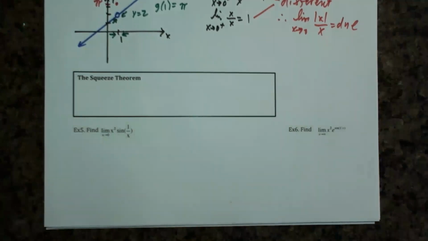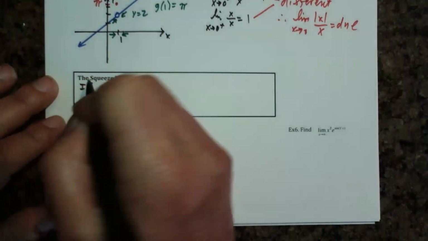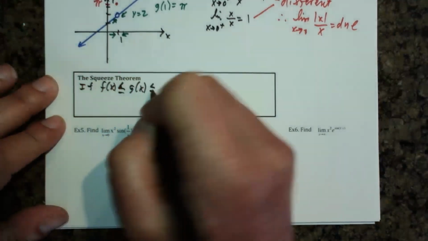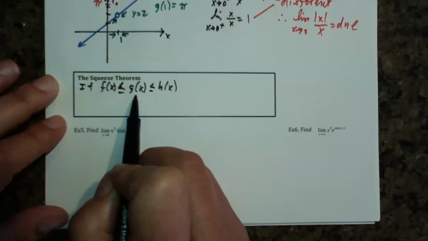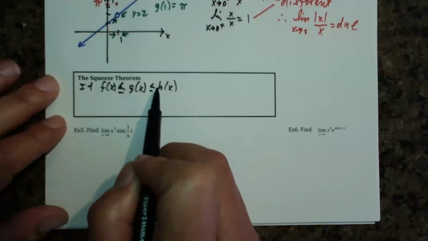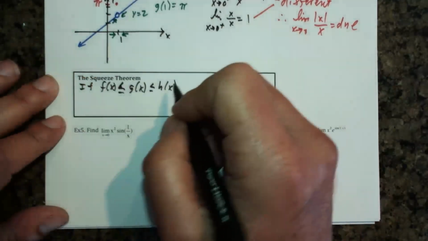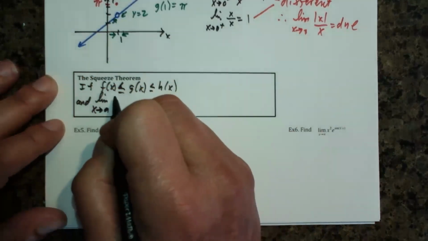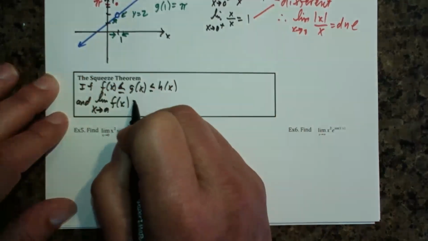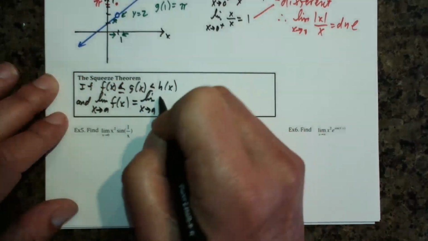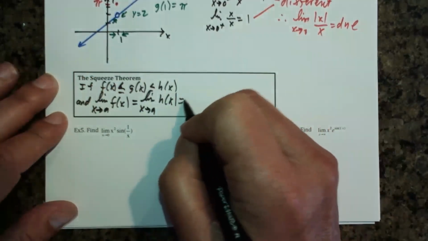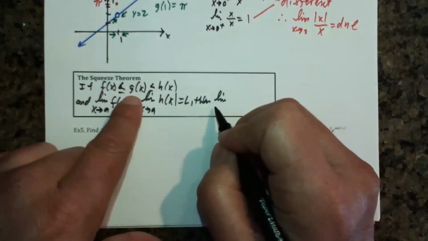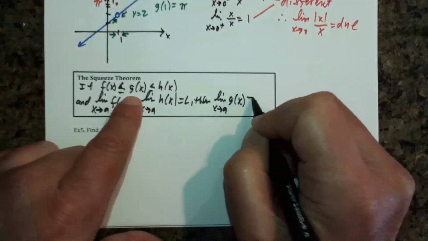And the theorem states that if f of x is less than or equal to g of x, which is less than or equal to h of x, meaning we have y values of a function that are always between the y values of 2 different functions, and the limit as x approaches a value of f of x, the smaller, is equal to the limit of the larger, then our conclusion, and the limits exist, then the limit of the one in the middle has to also equal that same limit.